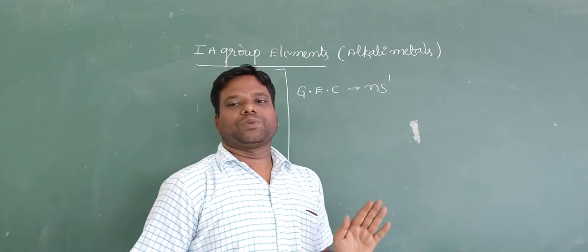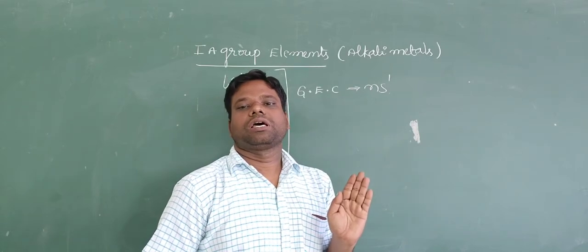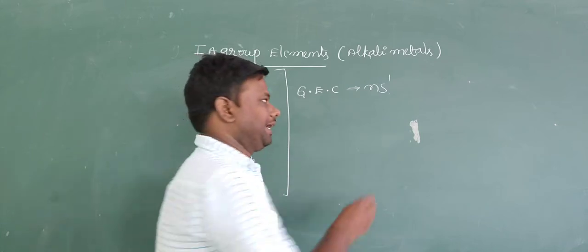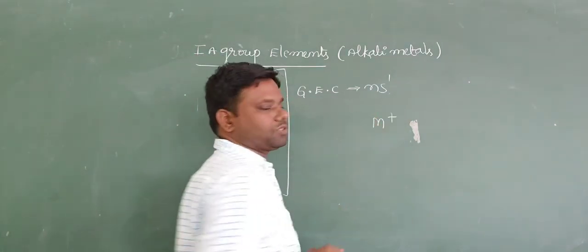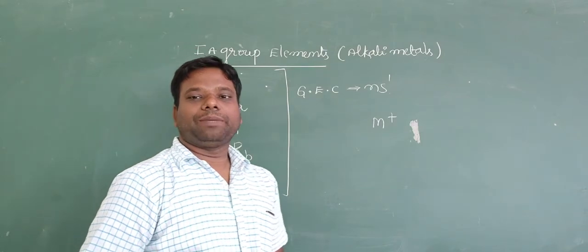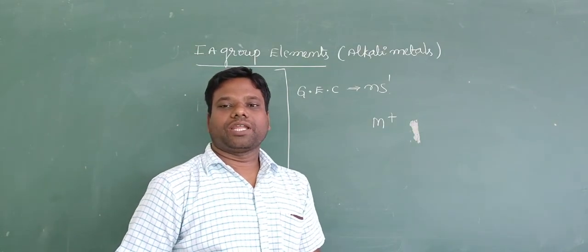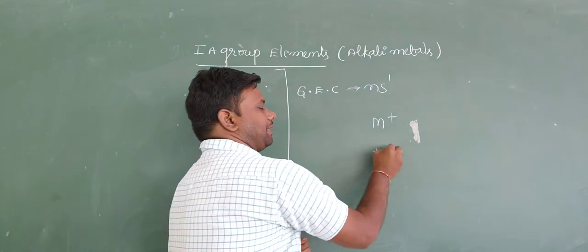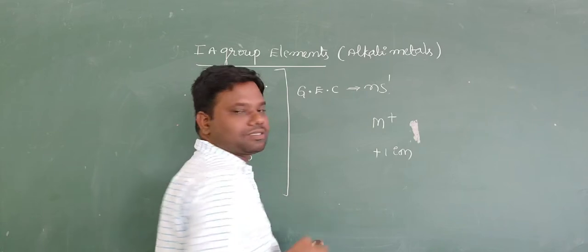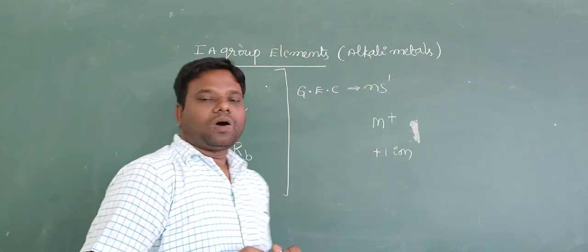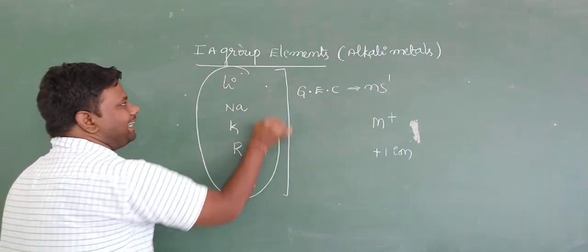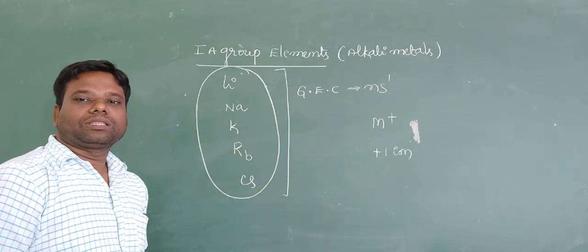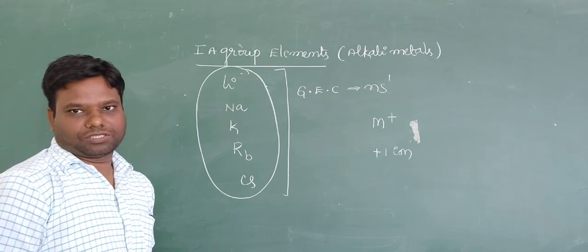That's why it loses its electron readily to form monovalent M plus ions. Alkali metals are highly reactive metals with low ionization energies.